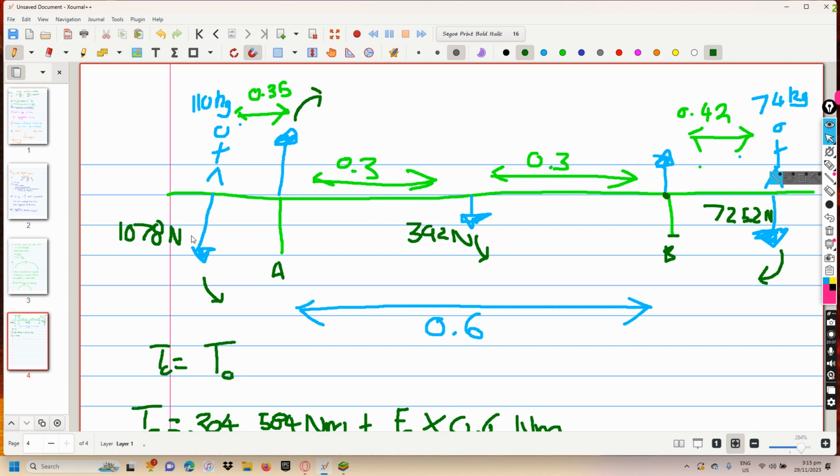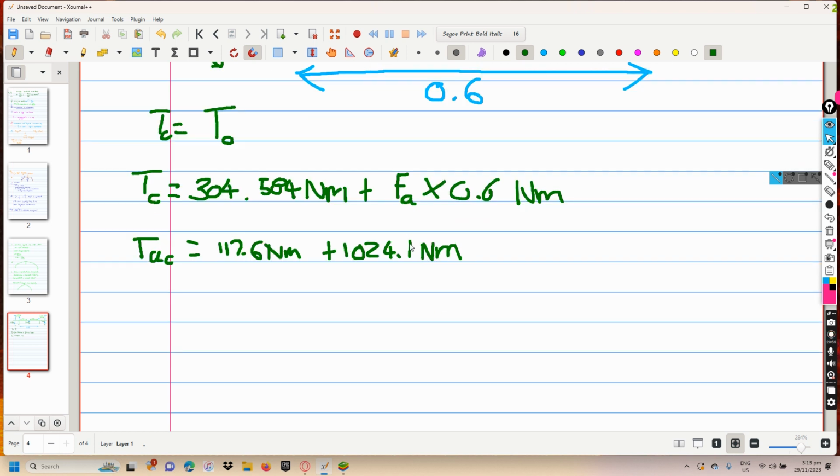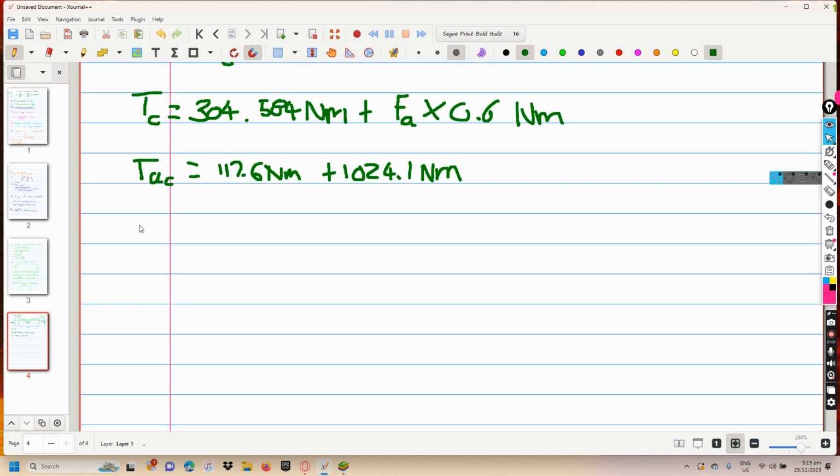And this, the coach, 1078 newtons times the distance away, which is a bit tricky, but 0.6 plus 0.35, you get 0.95, hence that is 1024.1 newton meters. And now you make these equal to each other.